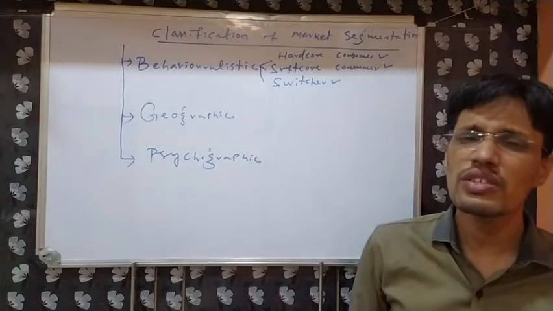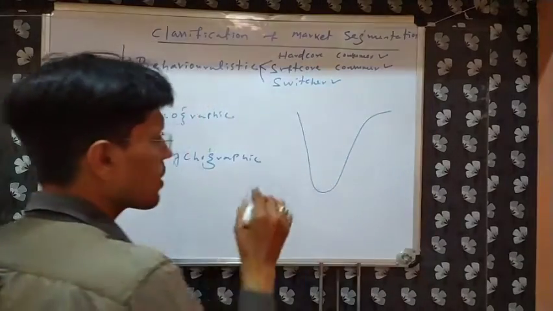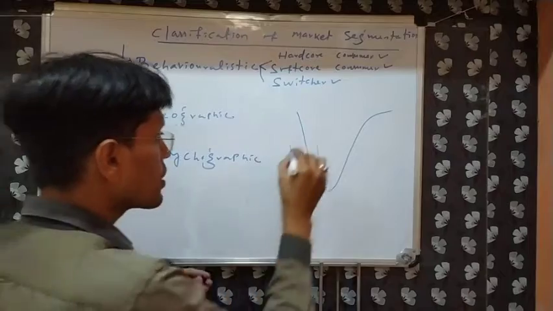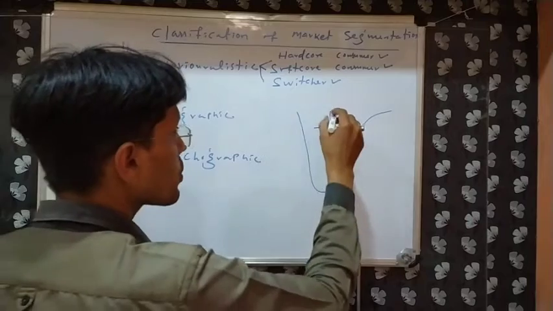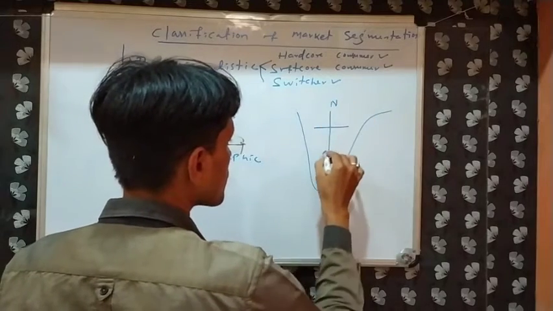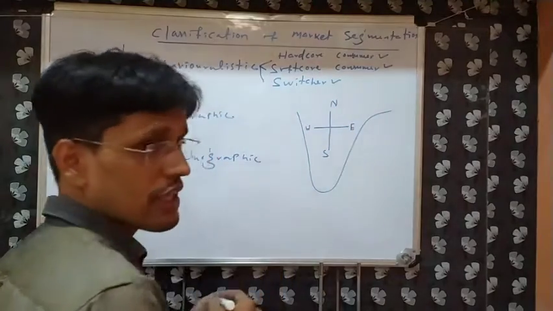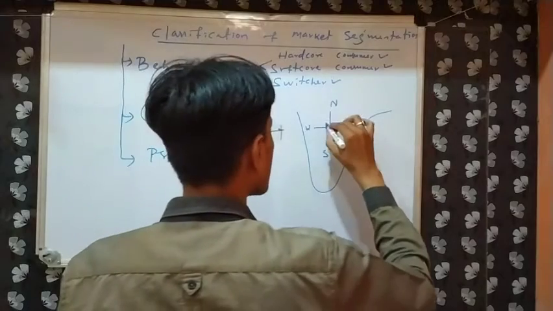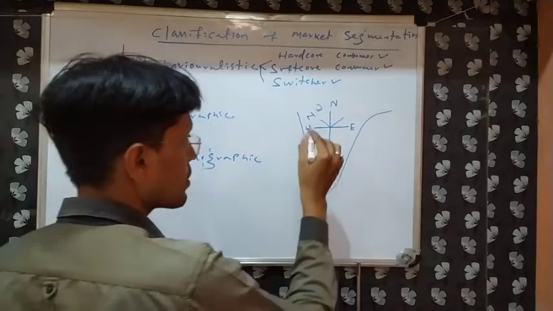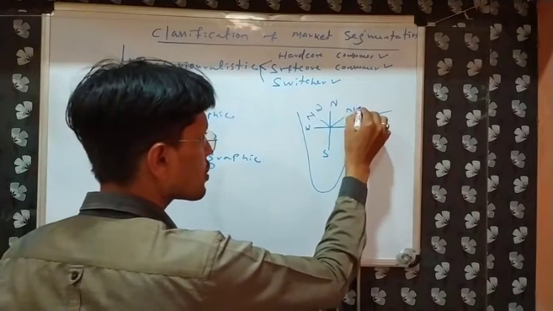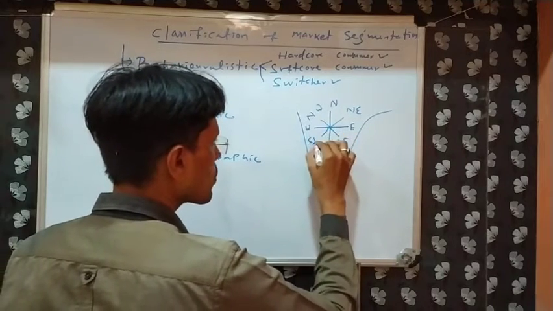For that reason, suppose this is the map of our country, then we need to divide the country into 4 different parts like north, south, west, east. Correct? Accordingly, we can find northwest, we have to divide the zone. It is northeast, it is southeast, and it is southwest.